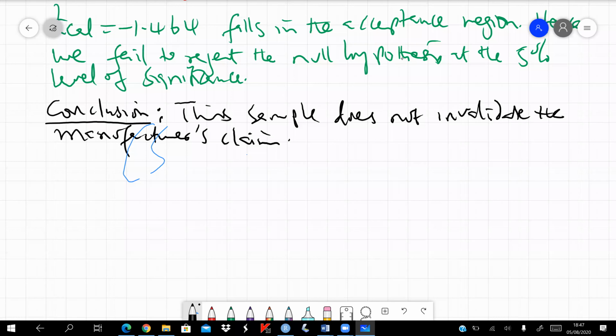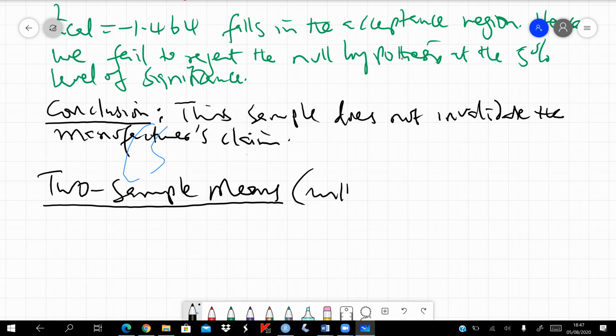Okay, so that is it. When you are testing hypotheses about one sample, you can do the same when you have two sample means with small samples. So nothing changes.